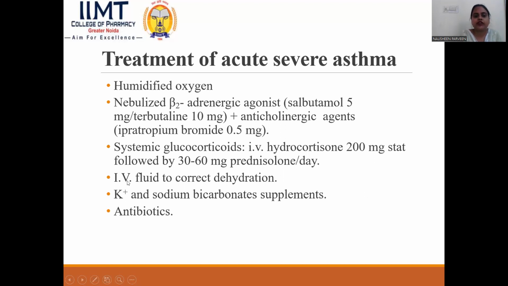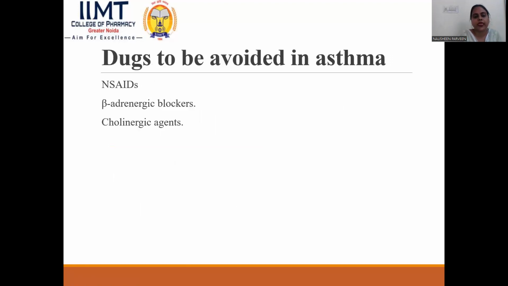And next is IV fluids to correct dehydration, and potassium and sodium bicarbonate supplements may be given. And at last, antibiotics. Drugs to be avoided in asthma: NSAIDs, beta adrenergic blockers, cholinergic agents. Thank you.